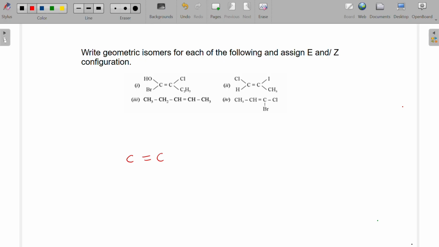We are considering the double bond in this case, not any other functional group. In order for us to assign the E and Z configurations, our main interest is the carbons holding the double bond. So start by doing that.